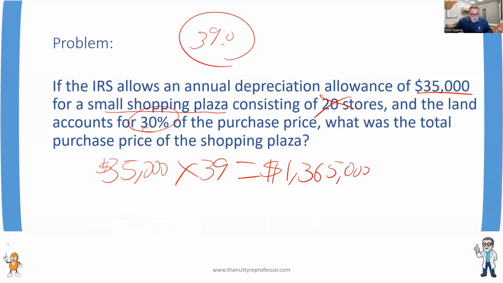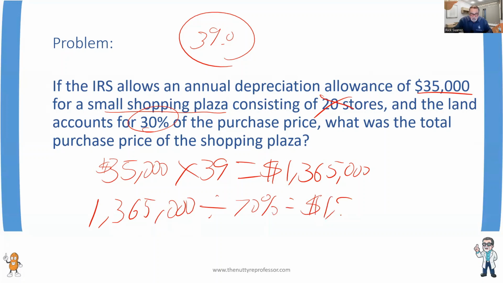So we need to get the 1,365,000 and divide by 70% to give you a sales price of $1,950,000. That is the sales price of this building. And that concludes this math problem.